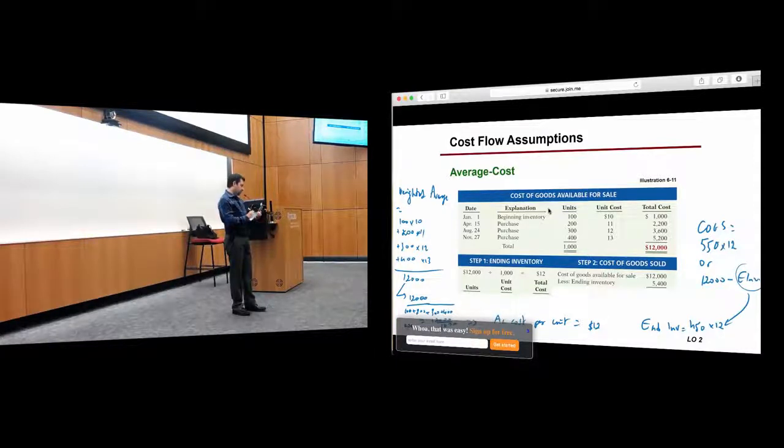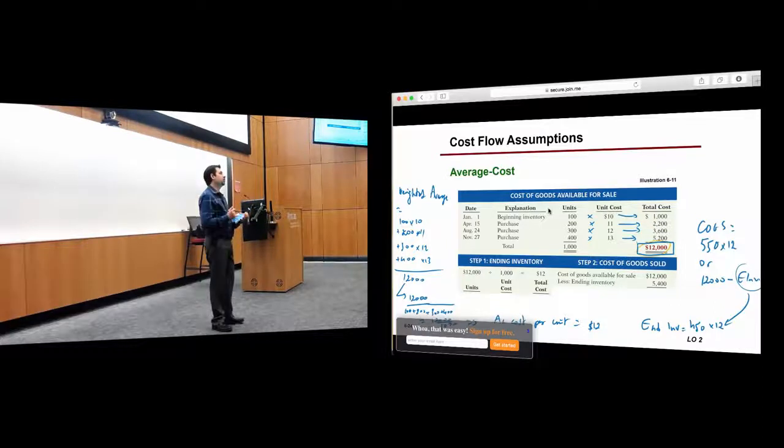As you remember, how did you get to this number? Do you guys know how we got to this number? You multiply 100 by 10, 200 by 11, 300 units by 12, and 400 units by 13. Those will give this amount, and then we sum them up. This is the sum of all these costs of each batch. This is basically how much you paid. For the first 100 units, you paid $10 per unit.